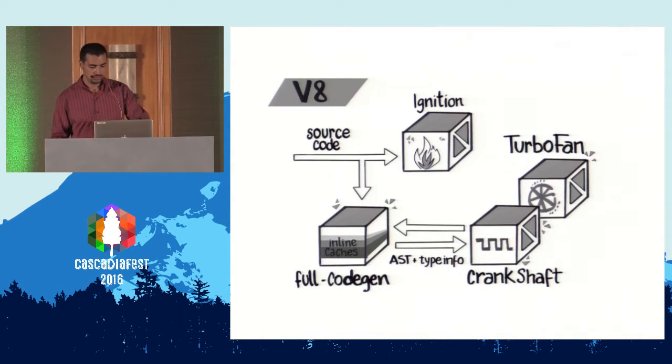Previous to the addition of the interpreter, the code was parsed and transformed to a syntax tree, and all the compilers would receive the syntax tree as input. The full-codegen compiler resembles the SpiderMonkey baseline compiler. Both will create inline caches.